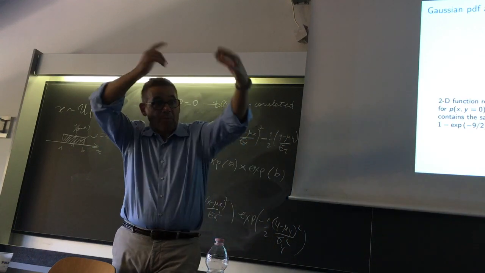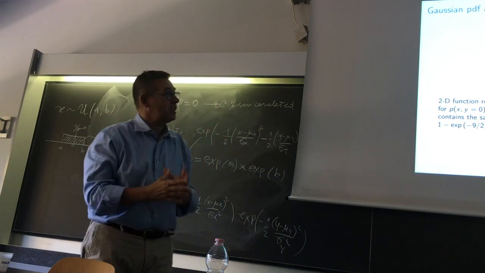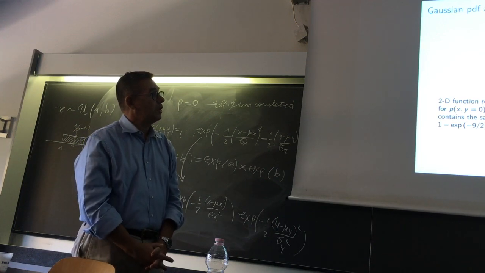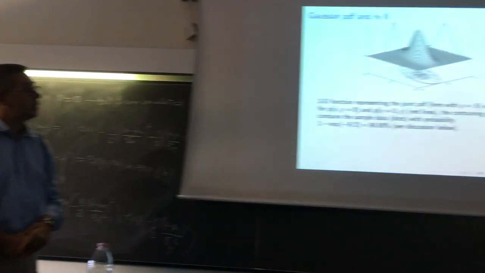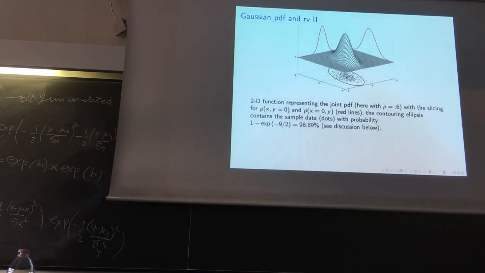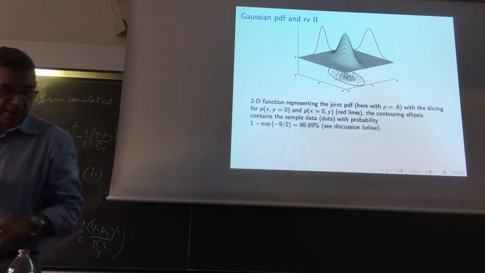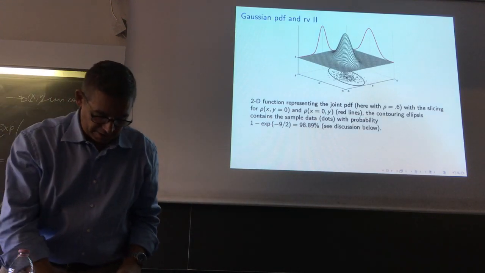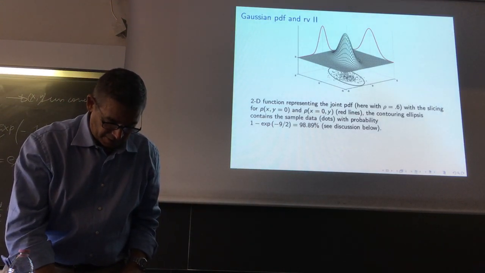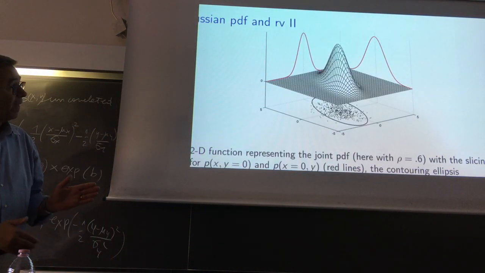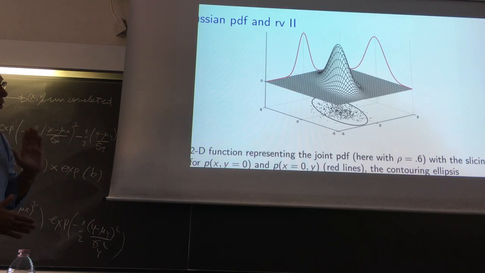So what is the shape? The shape of the 2D joint Gaussian PDF is this kind of bell shape. And for this picture, rho is equal to 0.6. Now, what is ruling this rho?